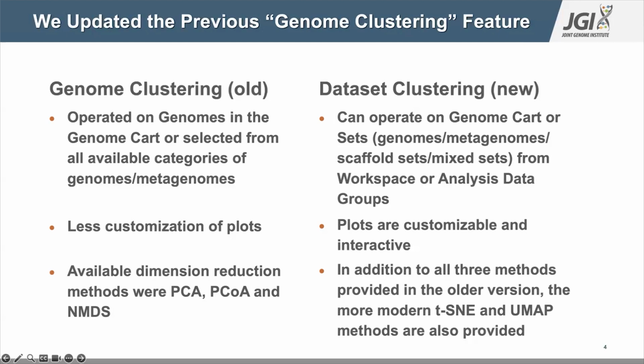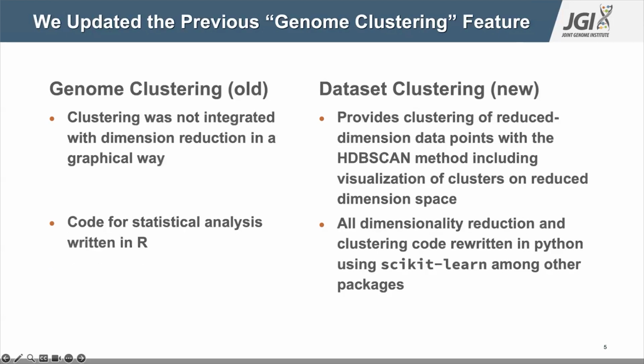And the available dimension reductions that we offered in the previous version were PCA, PCoA, and NMDS, and we've kept all of those. And in addition, we also offer the more modern nonlinear methods t-SNE and UMAP. In the old version, clustering was not integrated with dimension reduction in a graphical way.